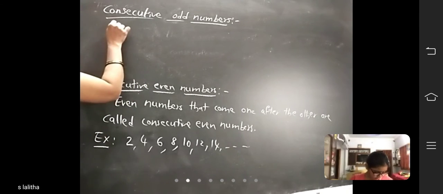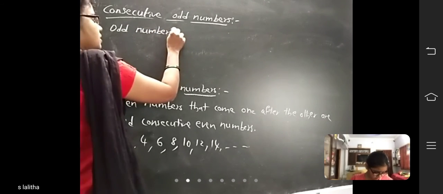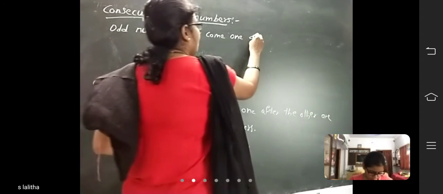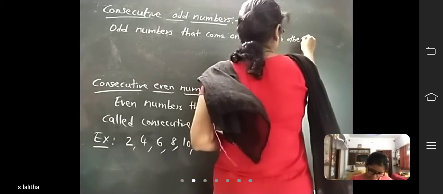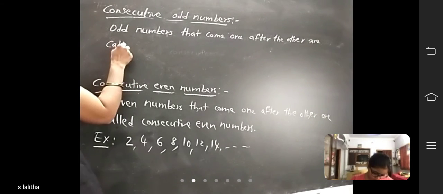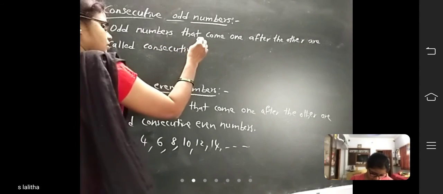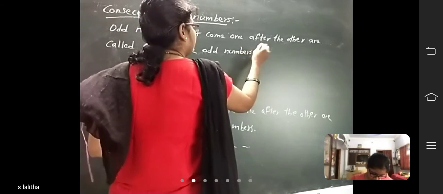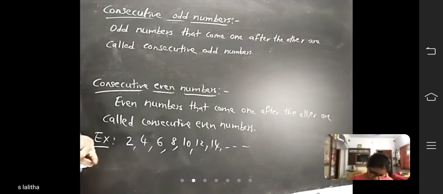So odd numbers that come one after the other are called consecutive odd numbers.